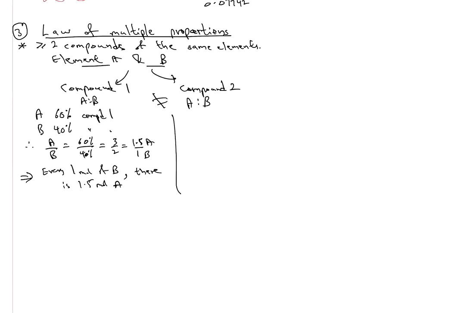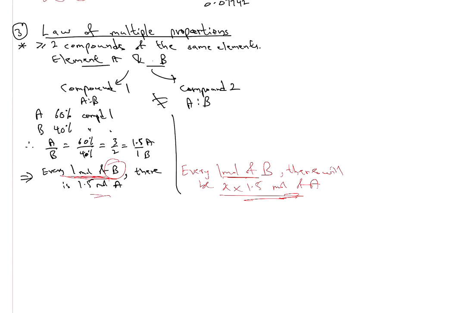If you keep B in this case as 1 mole, so if we keep B constant, for every 1 mole of B, there will be X into 1.5 mole of A. Meaning, if two elements combine to form two different compounds, and if we have the mass of one of the elements fixed, then the other element will be in some simple whole-number multiple ratio.